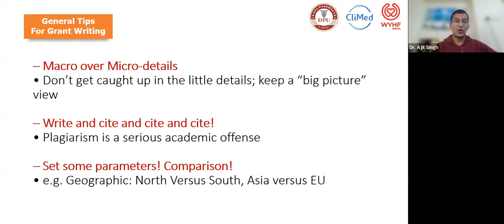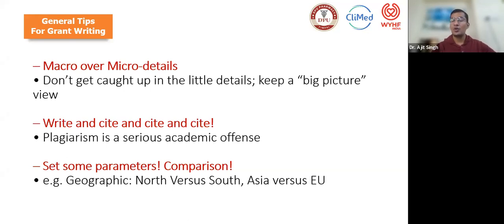You have to cite everything you are writing. If you're writing the concept, your concept would be yours, in your words. But when you are supporting it in the review of literature, the justifications, or the gaps, you should cite every line, whatever you are quoting in your proposal.